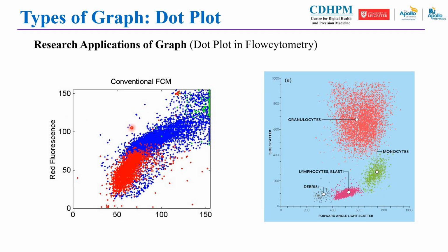Same here, you can see blue color and the red color. That helps to understand the groups of the data, but each data point is nothing but an X and a Y category. So next time when you get a new X and Y, you can immediately predict whether it is falling under the blue color or in the red color. In this case, whether it falls under the red color, green color, or the pink color, depending on which you can say which type of cells it is. This is an example of a dot plot.